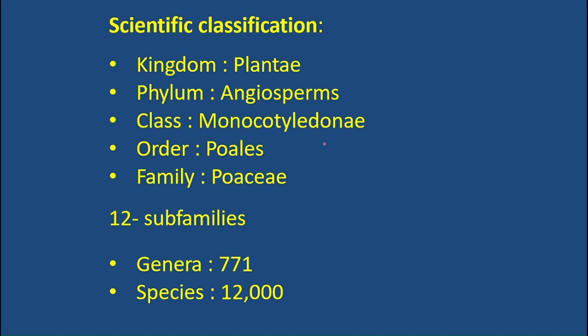Class monocotyledon, due to the presence of a single cotyledon. Order Poales. Family Poaceae. This family includes around 12 subfamilies. Around 771 genera are classified under this family. Nearly 12,000 species are classified under the Poaceae family.